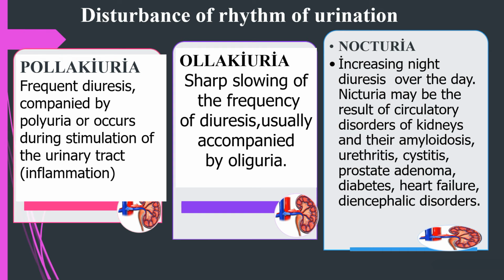Nocturia is increased night diuresis over the day. Nocturia may be the result of circulatory disorders of the kidneys, their amyloidosis, and prostate adenoma; diabetes, heart failure, and encephalic disorders are observed.